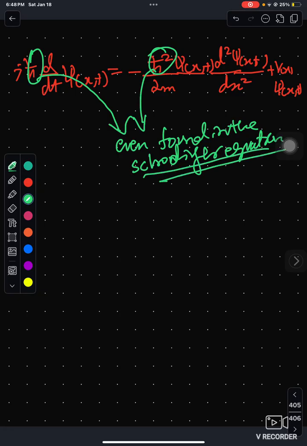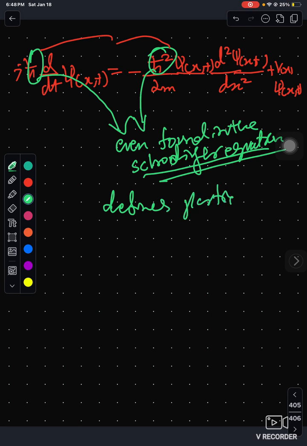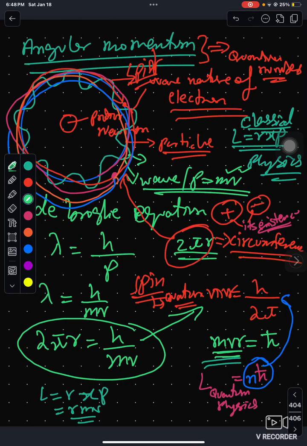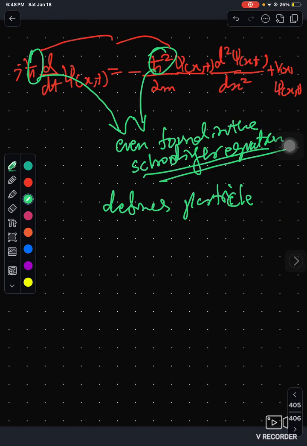So the Schrodinger equation defines particle behavior. You can take this as extra, but it's related to Planck's constant, so we talk about it.